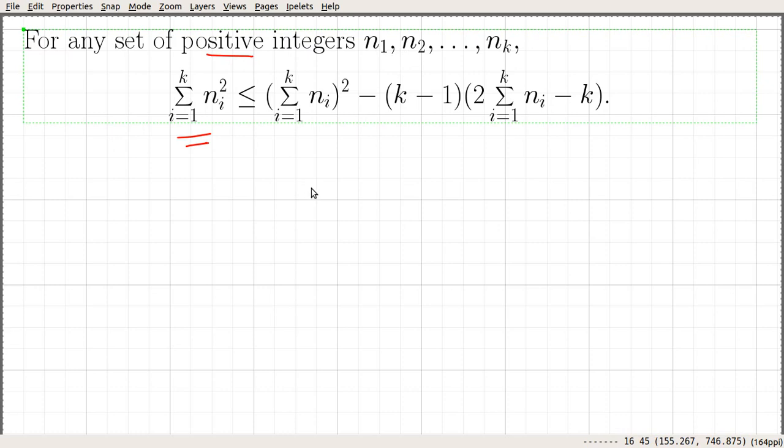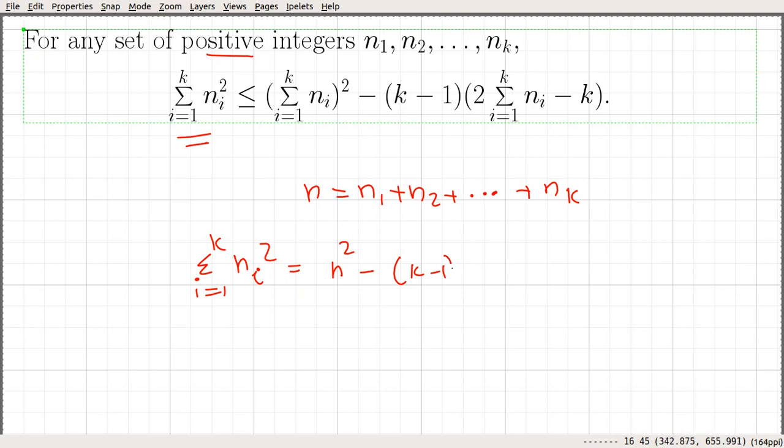So in that inequality we have n equal to n1 plus n2 plus up to nk. So sigma i equal to 1 to k ni squared is less than or equal to, this is the sum squared, so n squared minus k minus 1 times 2 into sigma i equal to 1 to k ni, which is nothing but n, so 2n minus k.